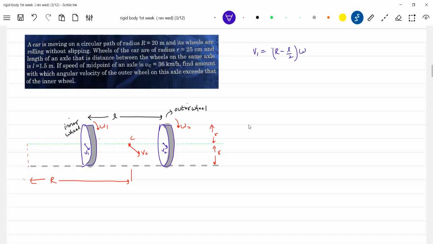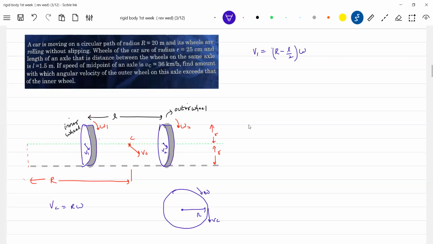What is that omega? Omega should be equal to, Vc equal to R omega. That's all, no? Or are you finding it very difficult? This should be the omega.